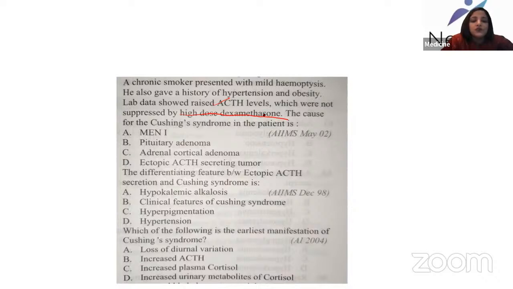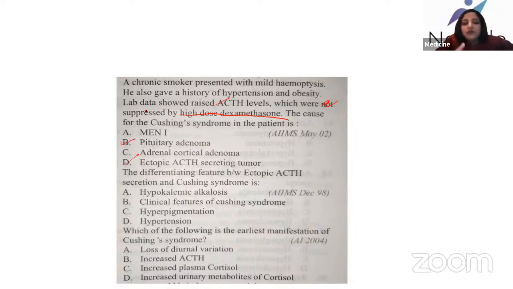The cause of Cushing syndrome in this patient is, now they have already told you that they are not suppressed by high dose dexamethasone, so the cause of Cushing syndrome is an ectopic ACTH secreting tumor. If they had been suppressed by the high dose dexamethasone suppression test, then the answer would have been a pituitary tumor, a pituitary adenoma.